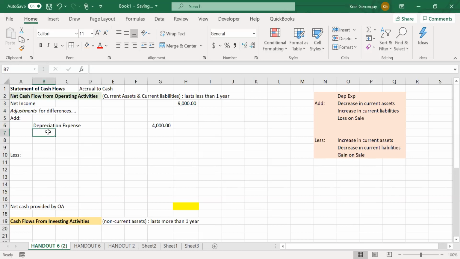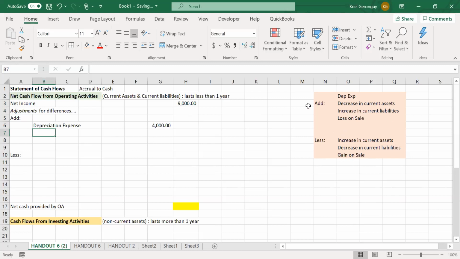So for the next step, as you can see on the balance sheet, for the current assets part, your accounts receivable and supplies increased while your inventory decreased by 3,000.